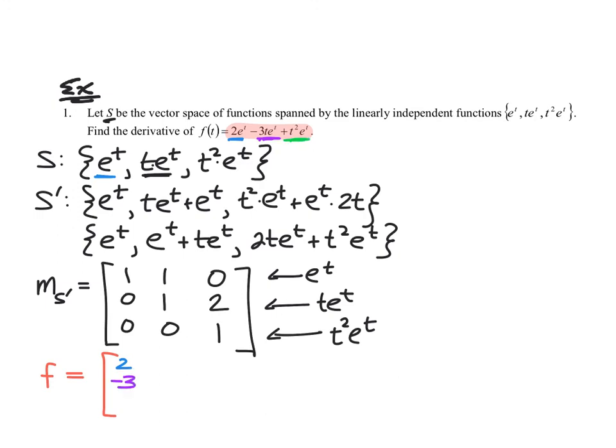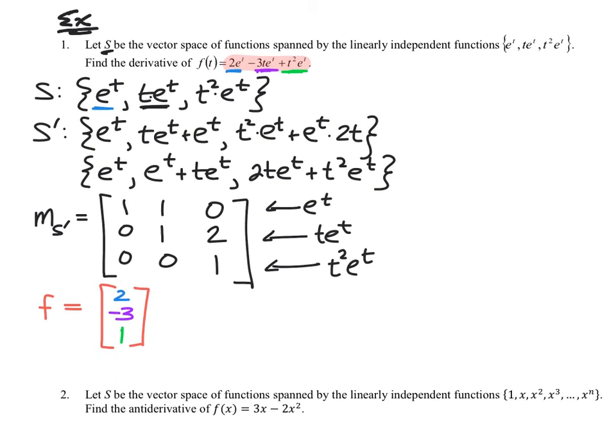And for the t squared e to the t, I have a coefficient just of 1. So in order to find my derivative, f prime, all I'm going to do is multiply these two matrices together: M sub s prime multiplied by f.